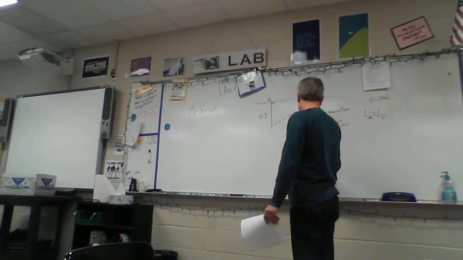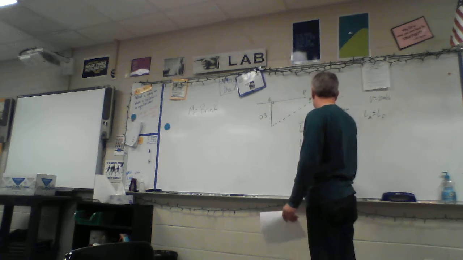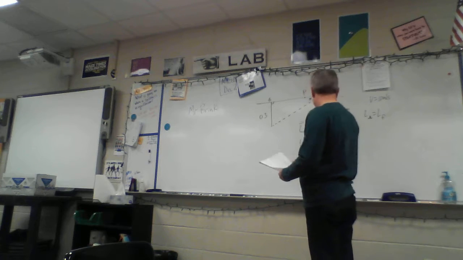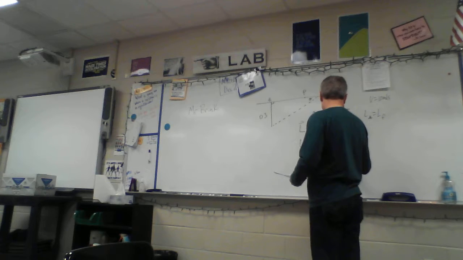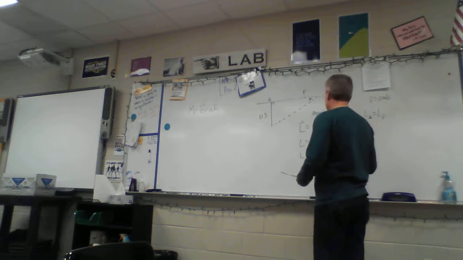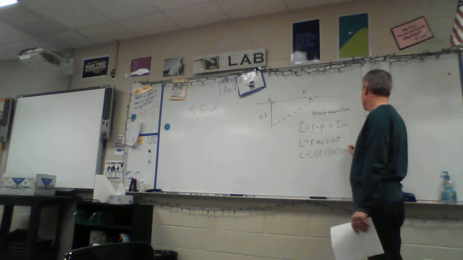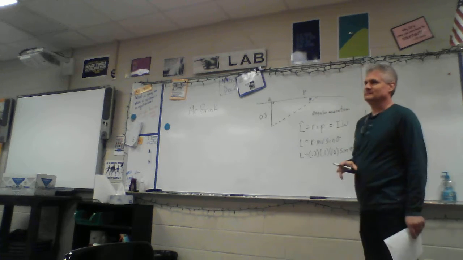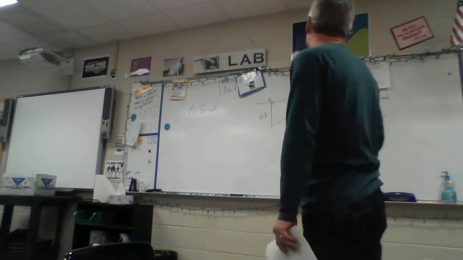So L is equal to r, which is the radius, which is the distance, 0.3. The mass of the dart is 0.1 kilograms. Velocity they told you was 10. And then it's sine of the angle, and this angle at the start point is 90 degrees. And since you're all experts at the unit circle, you know sine of 90 is 1. Good.